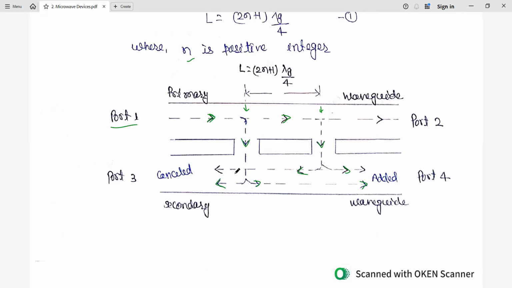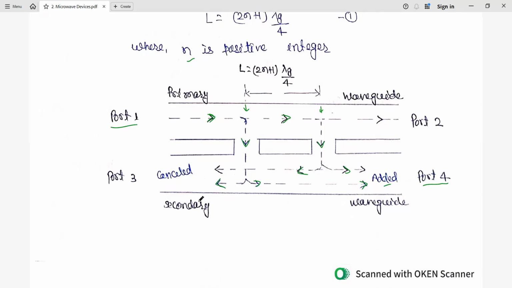At port 4, both are added together, whether it is coming from the first hole or from the second hole. Whereas at port 3, it is cancelled. Whatever signal we obtain from hole 1 as well as hole 2, both are cancelled at port 3.